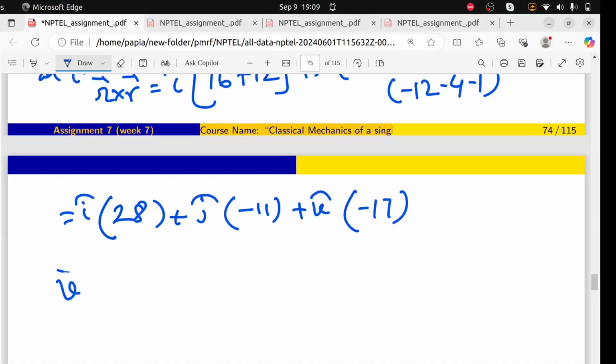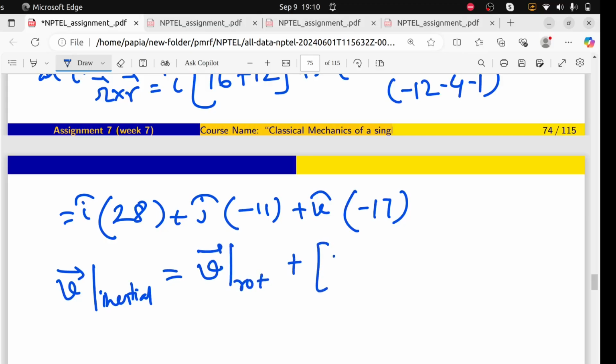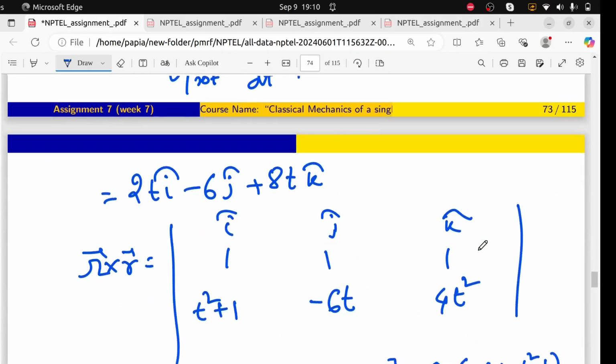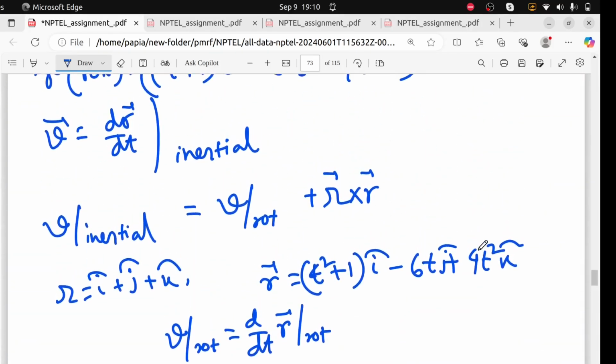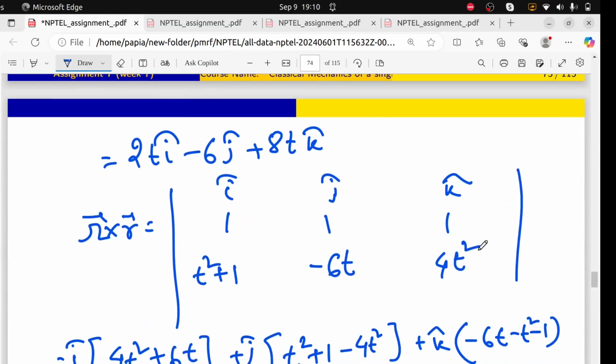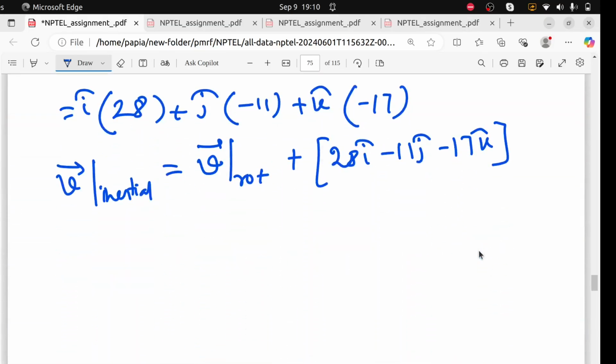So V inertial, V rotational, this. And what is V rotational? V rotational is 2t, minus 6, plus 8t.